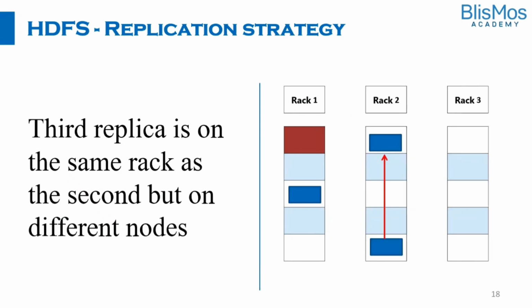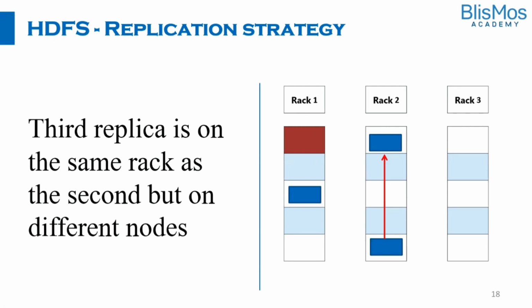Just to minimize the write bandwidth, we can take the third replica and place it on the same rack, but on a different data node. Instead of placing it in the same data node, we choose the same rack but place the replica on a different data node.